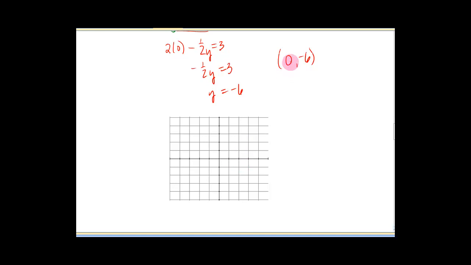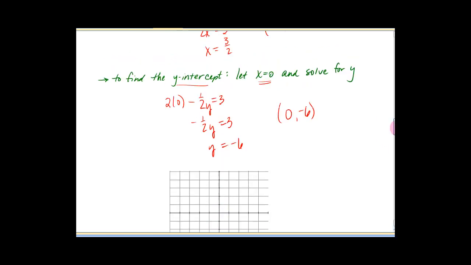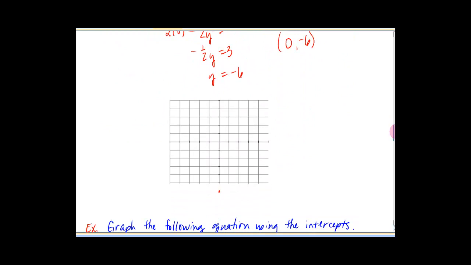So since I can see this right now, I'm going to use (0, -6). Over 0, down -6. 1, 2, 3, 4, 5, 6. It kind of goes off, but we get it. My other point was (1.5, 0).